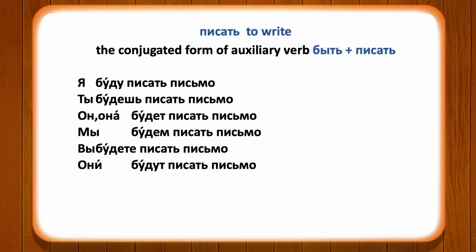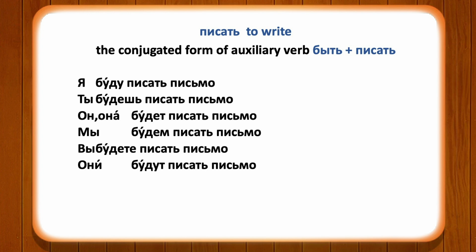Писать means to write. It is an imperfective verb, so the future tense form will be the compound future tense form, which will be formed by using the conjugated form of the auxiliary verb быть followed by the infinitive form of the verb писать. So, я буду писать, I will be writing or I will write.